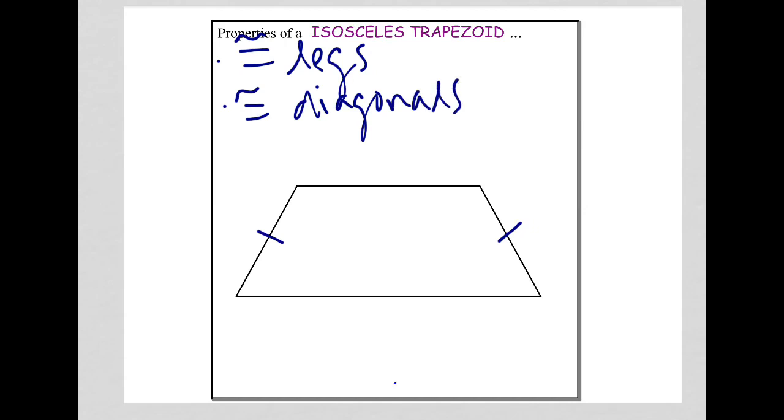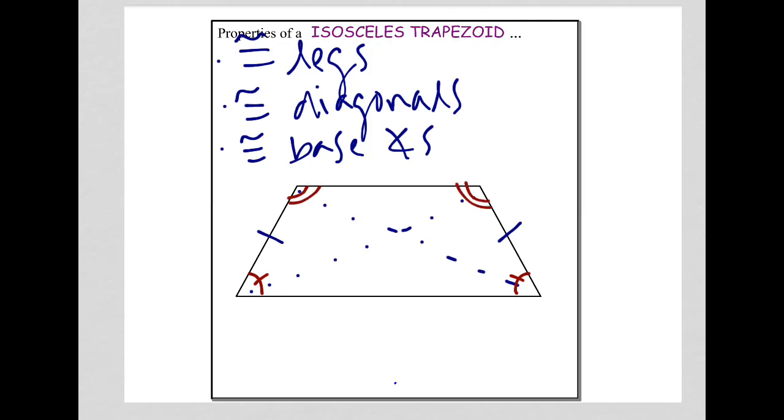Alright, so these diagonals across are congruent to each other. We also have congruent base angles, meaning this base angle is congruent to this base angle, and this base angle is congruent to this base angle.